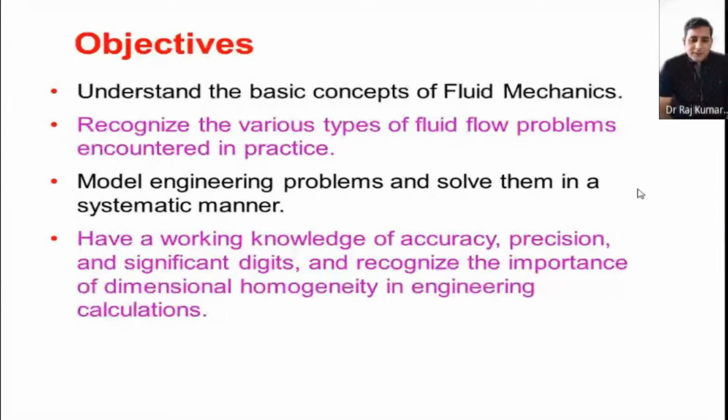After that, you should also know the accuracy, that is, how accurate you should be in your data or measurement. Accuracy is just like a scale. Yesterday we were talking in the lab. You have the scale marked there, and the minimum you can measure there is 1 millimeter, right?